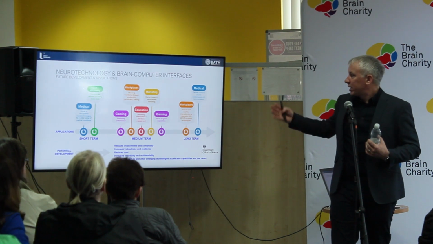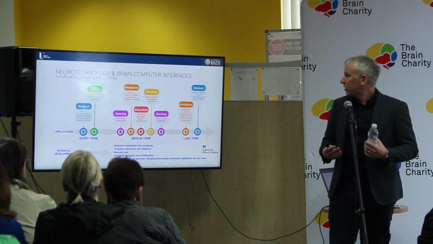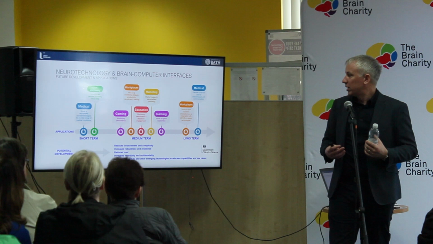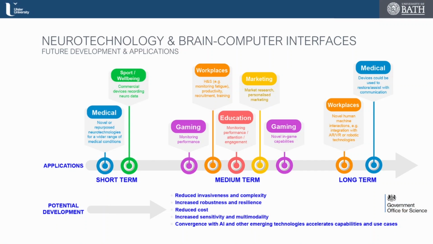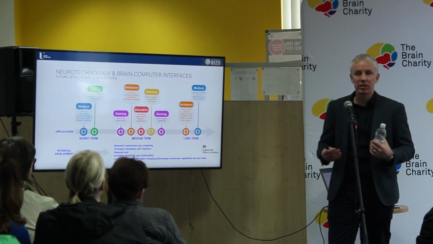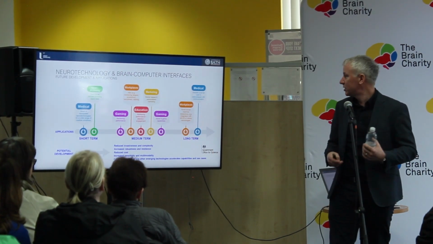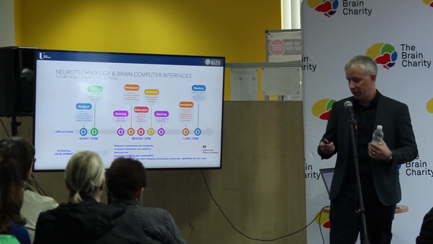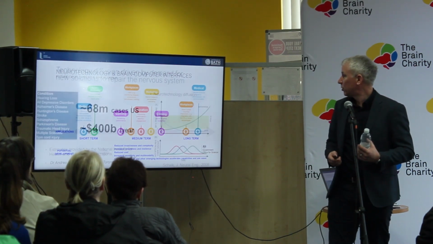And there are a lot of applications associated with this, not just medical, not just assistive technologies, but other areas that can be helped by enabling people to self-regulate their brain activity: cognitive rehabilitation and post-traumatic stress disorder, for example, and other areas, gaming, and then workplace well-being and so on.